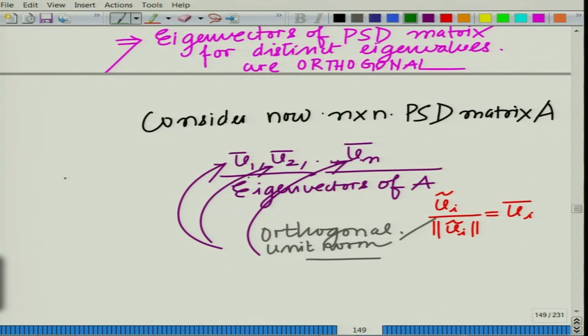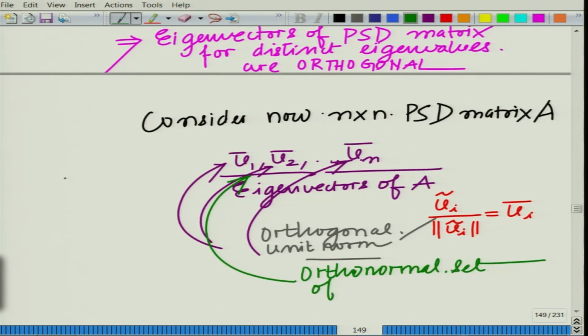So, you can always construct a unit norm eigenvector, and we have already seen that the different eigenvectors corresponding to the different eigenvalues are orthogonal. So, you have orthogonal unit norm vectors, that makes it an orthonormal set of eigenvectors, alright. So, in essence we have an orthonormal set of eigenvectors that exists for a PSD matrix.